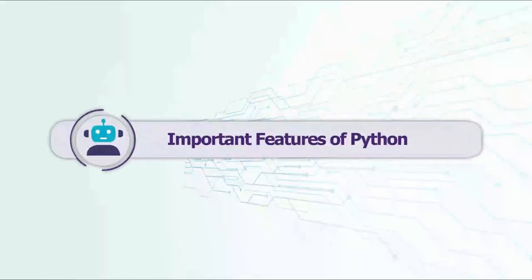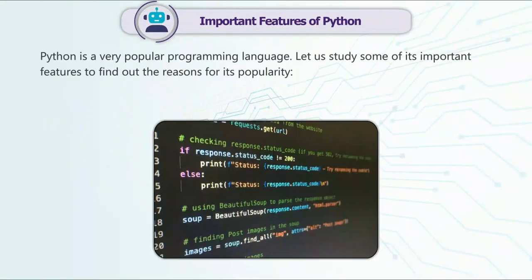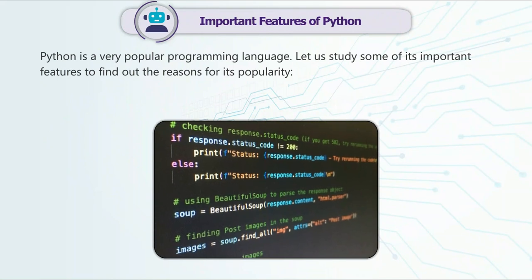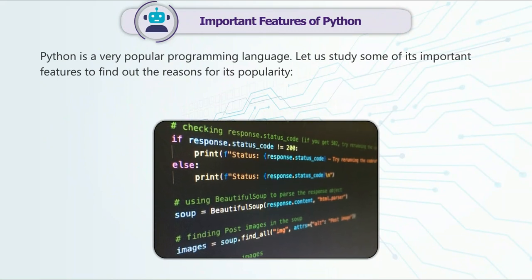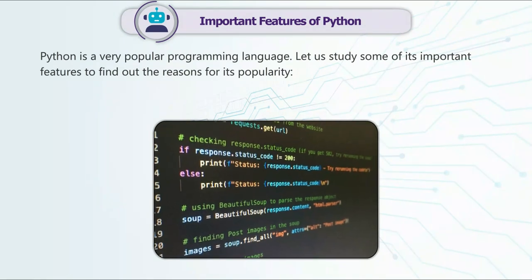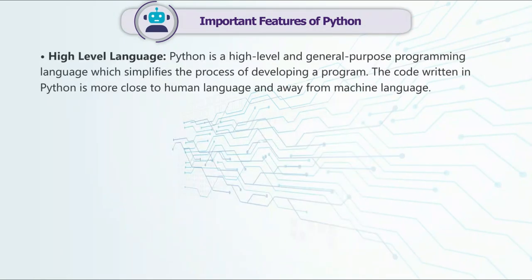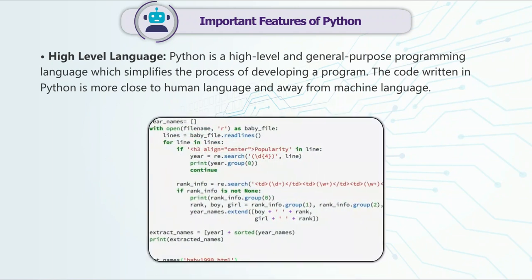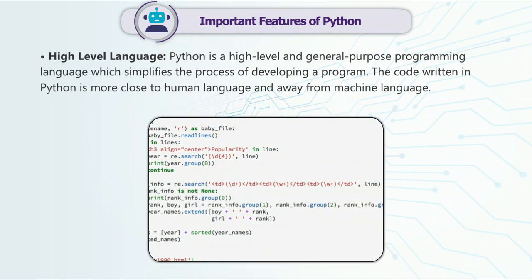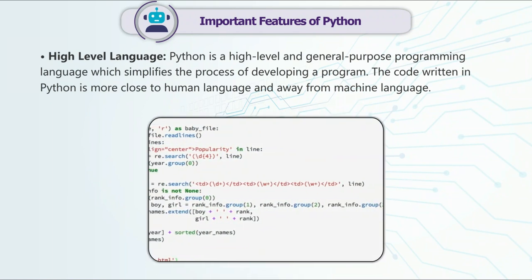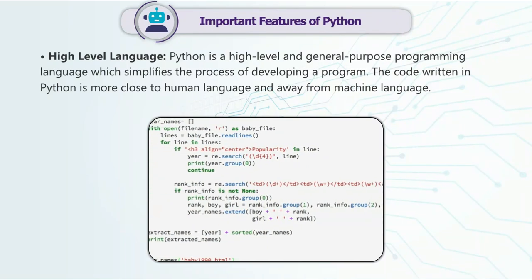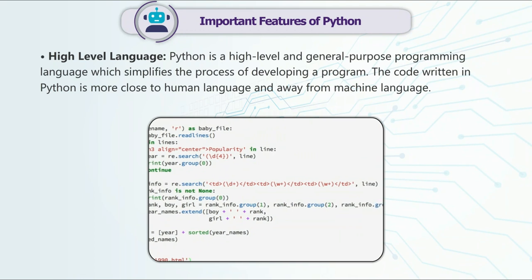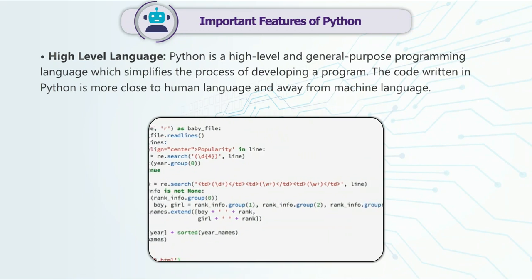Important features of Python. Python is a very popular programming language. Let us study some of its important features to find out the reasons for its popularity. High-level language. Python is a high-level and general-purpose programming language which simplifies the process of developing a program. The code written in Python is more close to human language and away from machine language.